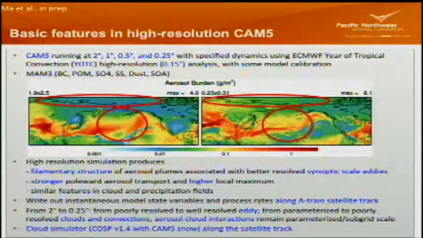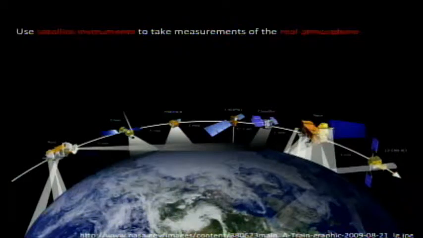To evaluate the global climate model, people have conventionally used long-term averages or instantaneous values over the globe. But there's a possibility that it's comparing apples to oranges. This is the A-Train satellite constellation, and you can see they have their daily pass around 1:30 p.m. every day.